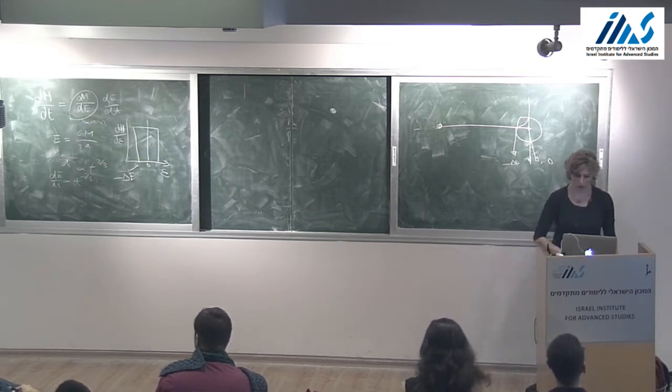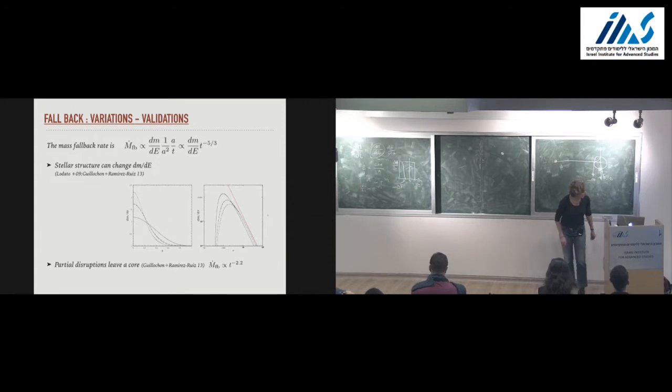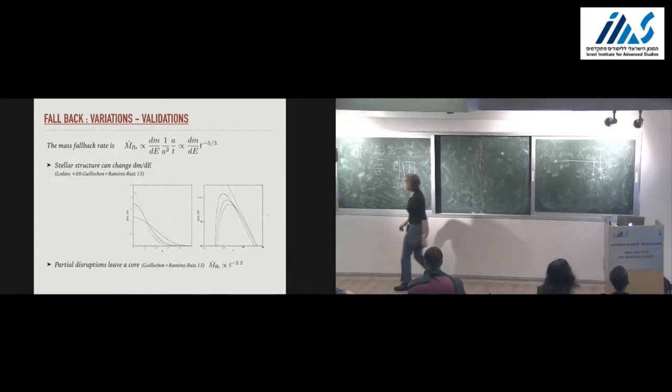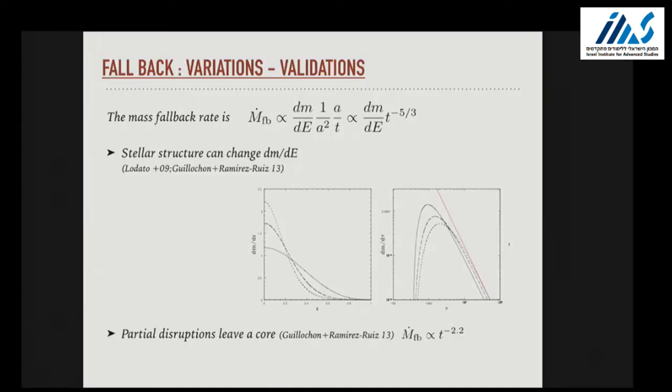So what you can calculate, you can take a different model for the star, a different polytrope, for instance, and you calculate dM over dE as a function of E. And then you go back to the expression of the fallback time that you derived, and what do you see?